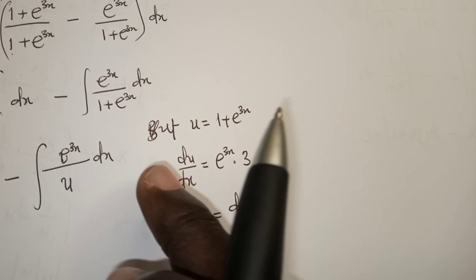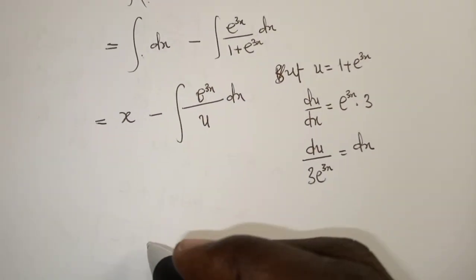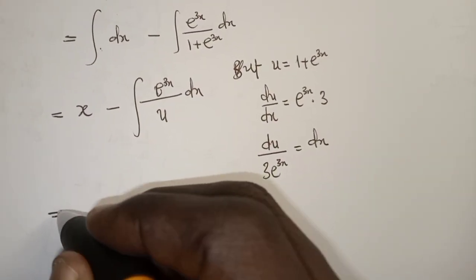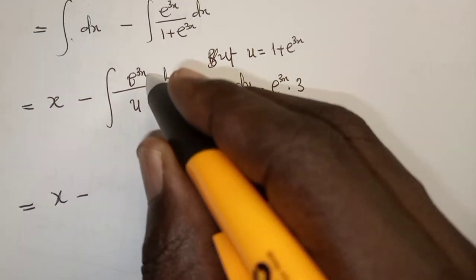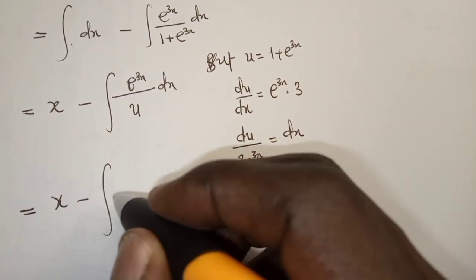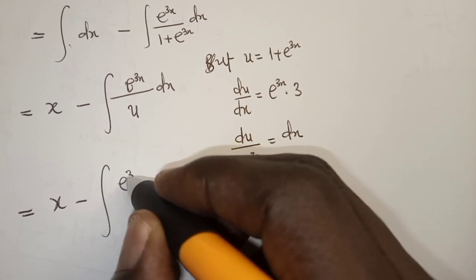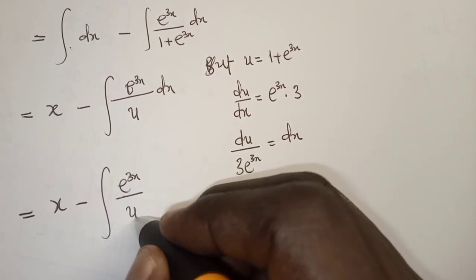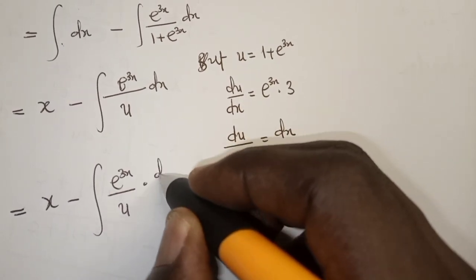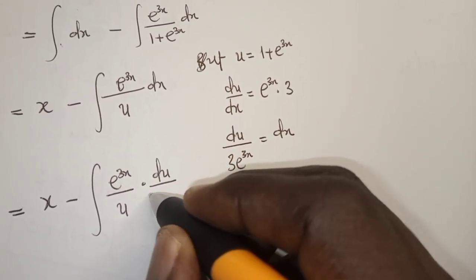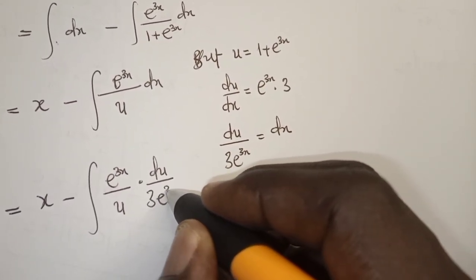So you put this into this, so you have this should be equal to x minus the integral of e exponent 3x on u times du on 3 e exponent 3x.